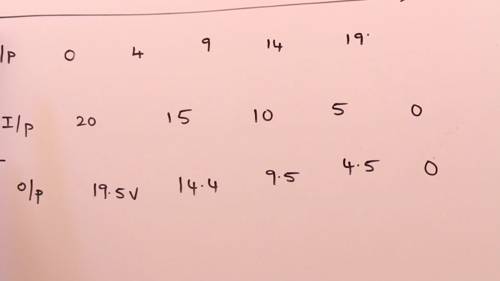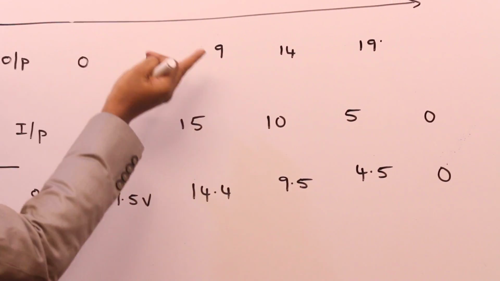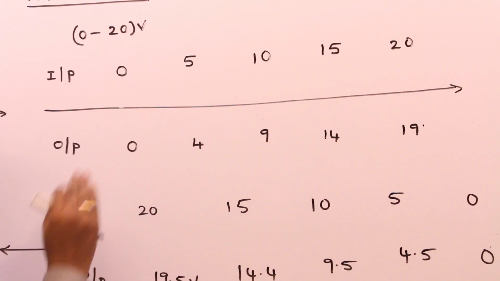That's why, if any instrument gives different readings in increasing order and decreasing order, then that instrument has hysteresis characteristics.